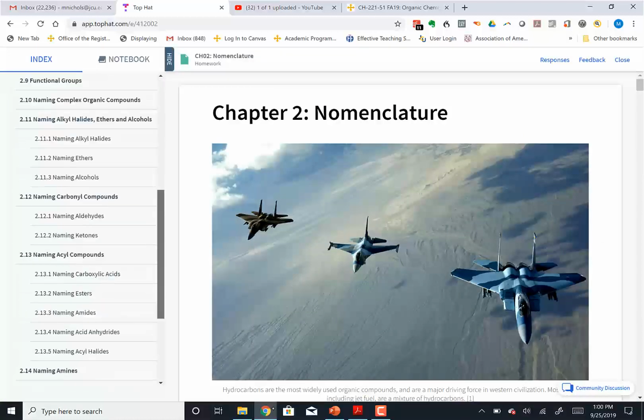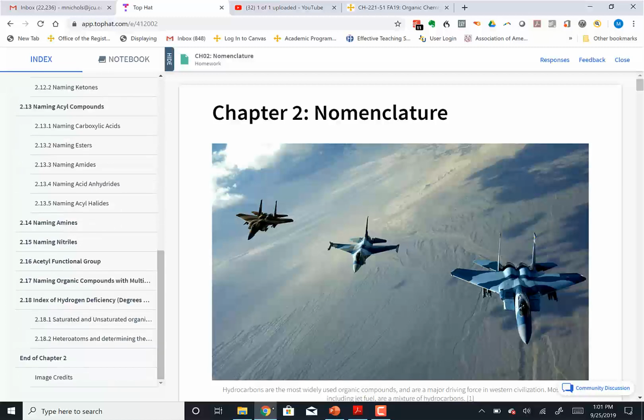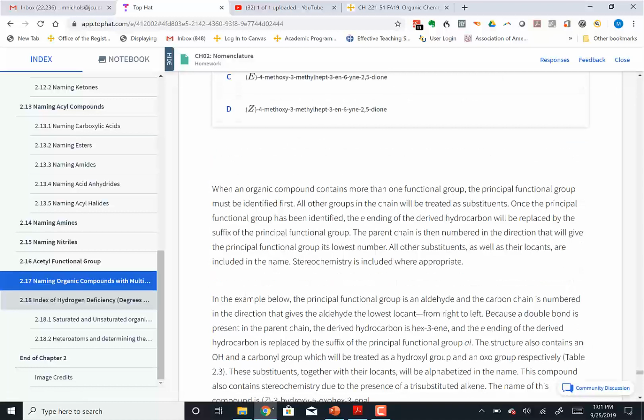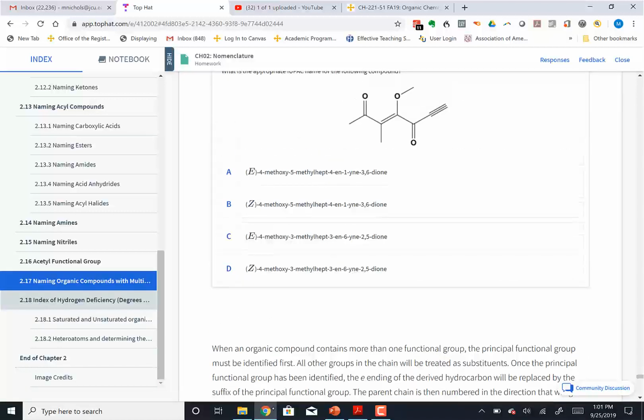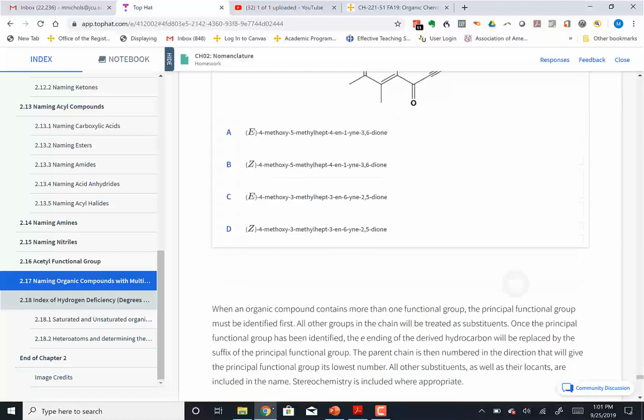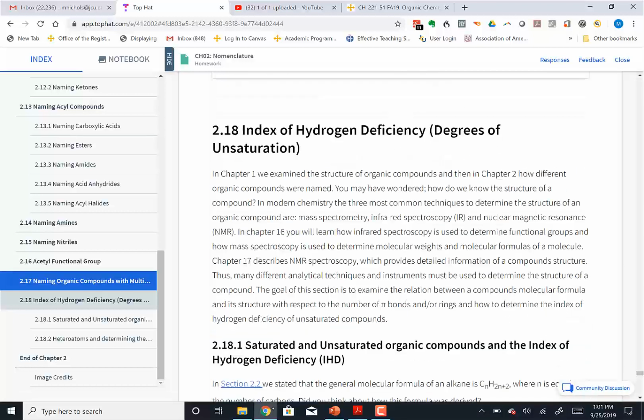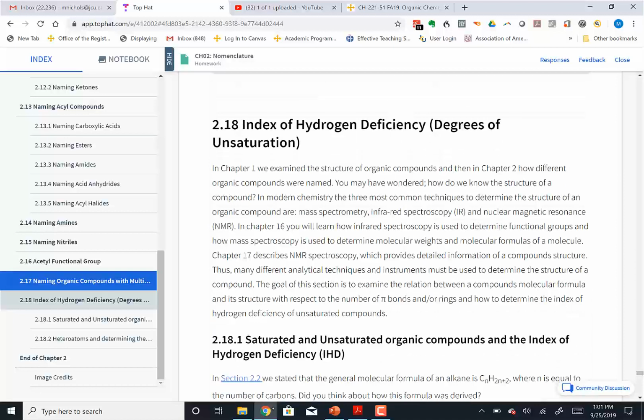And there's two ways to do the... so they say, oh good, then I don't have to say index of hydrogen deficiencies anymore, because in parentheses it says degrees of unsaturation, which is what I call these things.